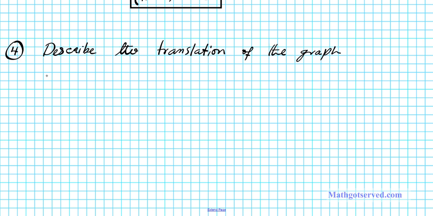All right, the next problem has to do with translation. So question 4, describe the translation of the graph y equals (x plus 1) quantity squared plus 4 to the graph y equals (x minus 2) squared minus 5.